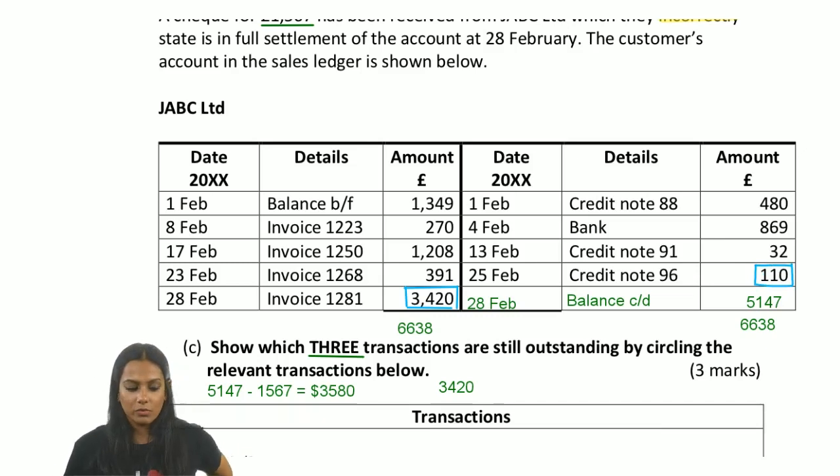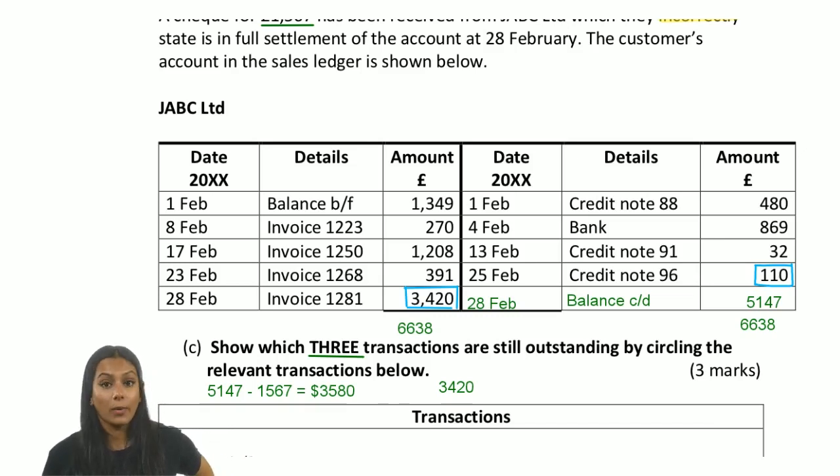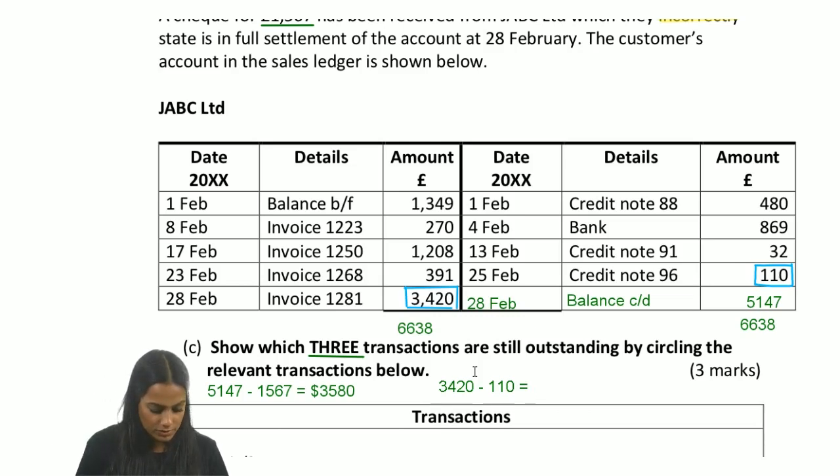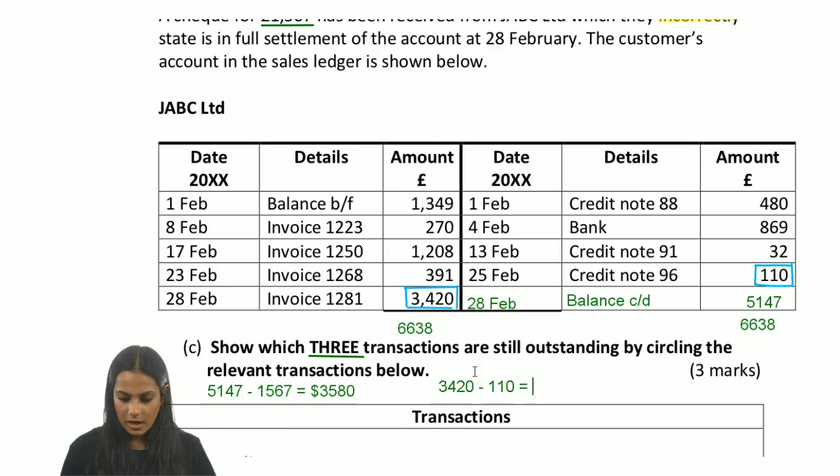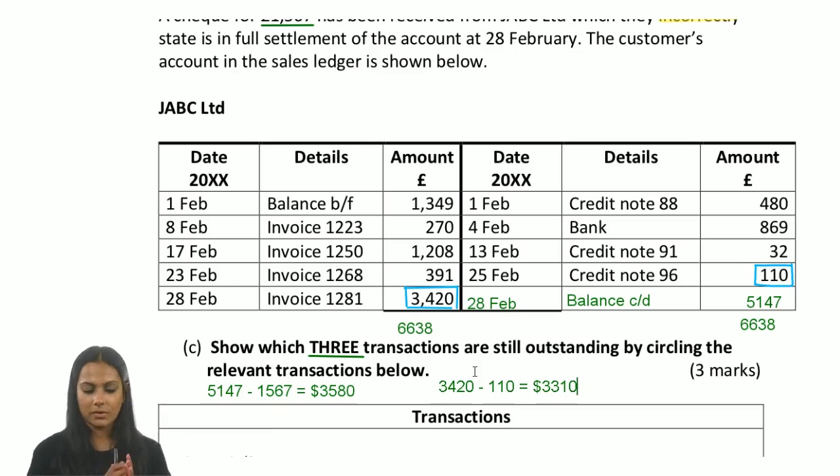If we issue them with a credit note, it means they owe us £110 less. So I'm going to deduct that, £110 less. What's the net figure here? 3420 take away 110, which means they are still owing me 3310.